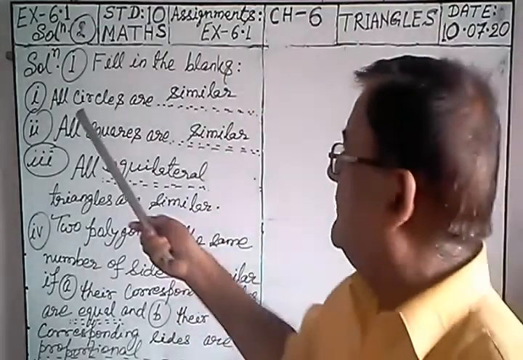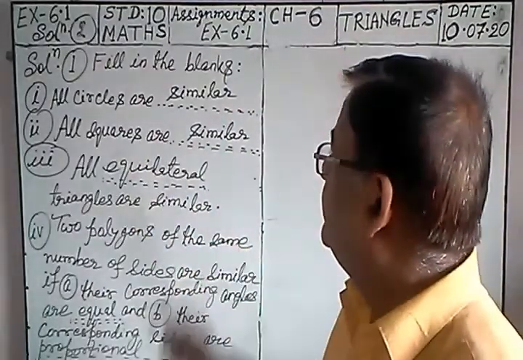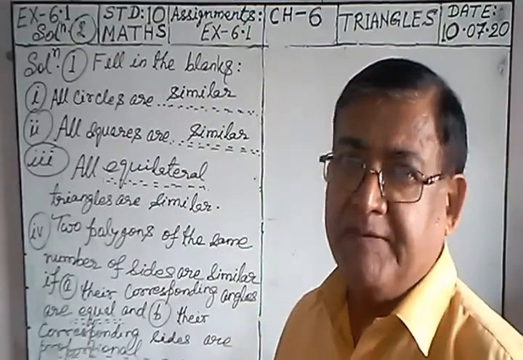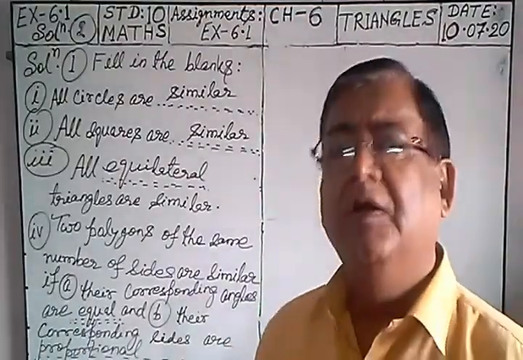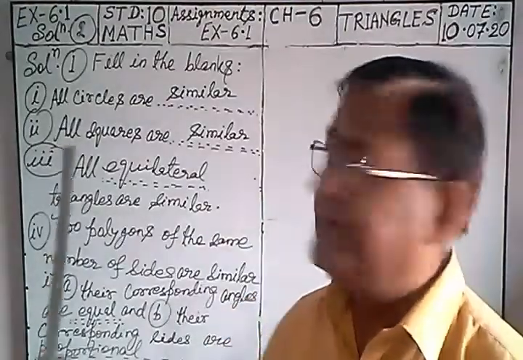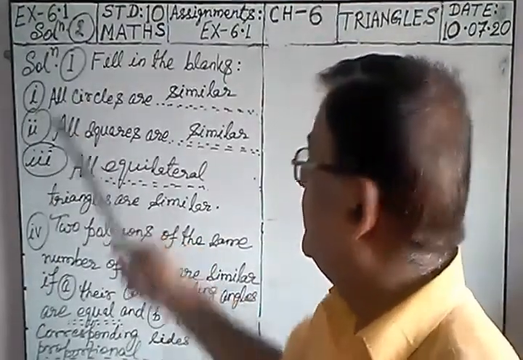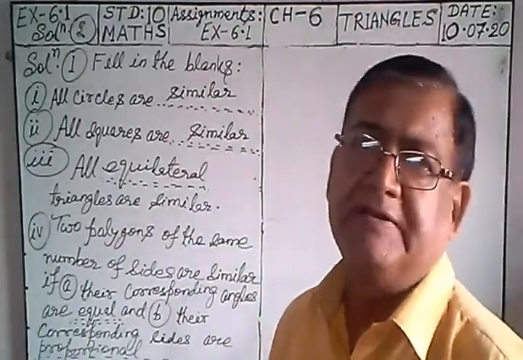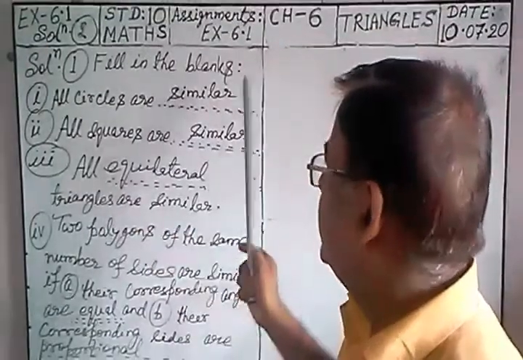The first one is: all circles are, and 2 options are given. You see the book for the 2 options, but the correct option is similar. Circles of any size, but all circles are similar.